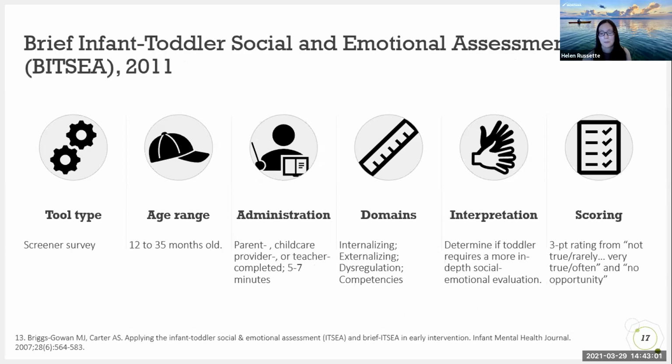And the social emotional tool that we're using is called the Brief Infant Toddler Social and Emotional Assessment, BITSEA for short. And this is a screener survey. Its specific age range is 12 to 35 months and 30 days old. It can be completed by a caregiver or a teacher. It's very short, 5 to 7 minutes to complete.